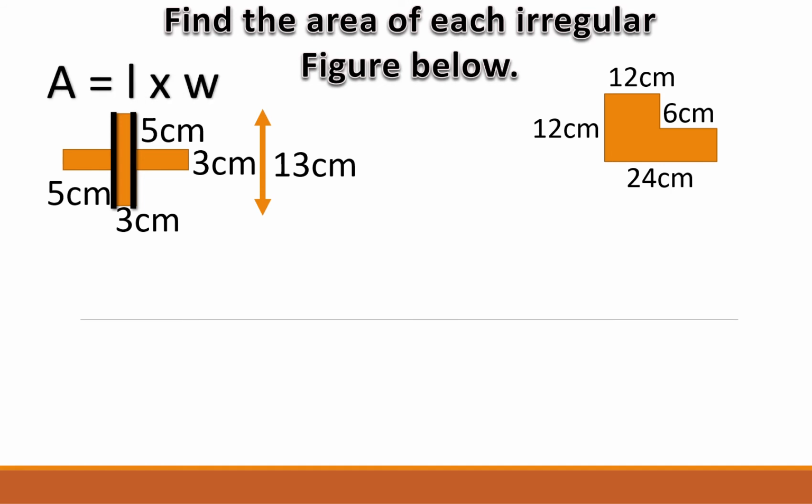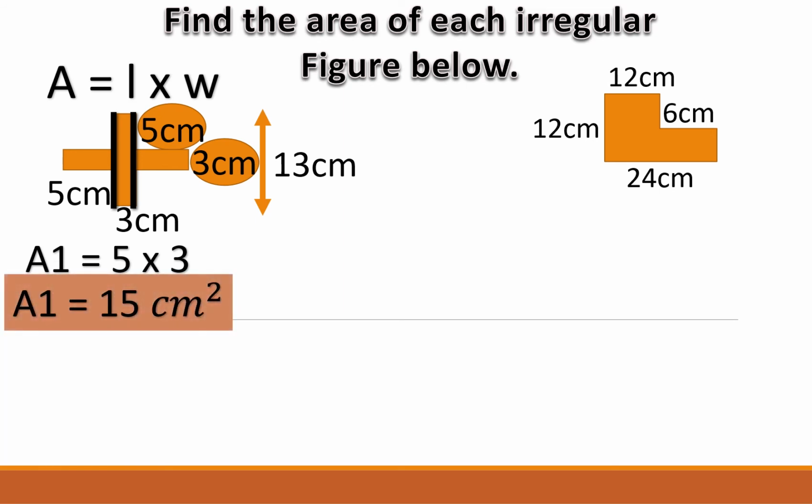So let us go find the area of the three rectangles. For this, we will substitute into the formula of the rectangle, that is length times the width. The first area is 5 times 3. So area 1 is 5 times 3 equals 15 square centimeter.